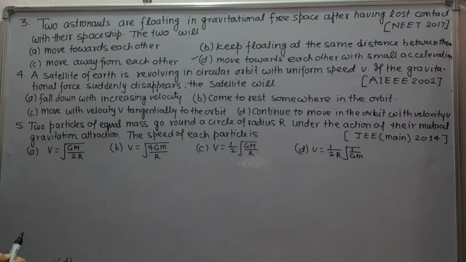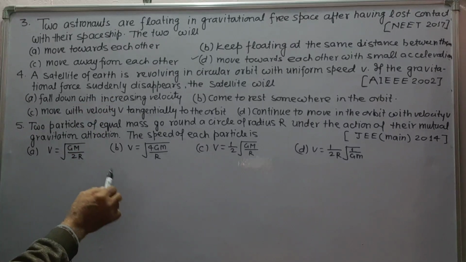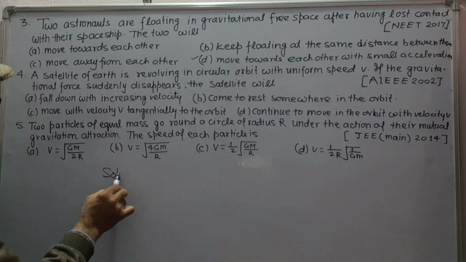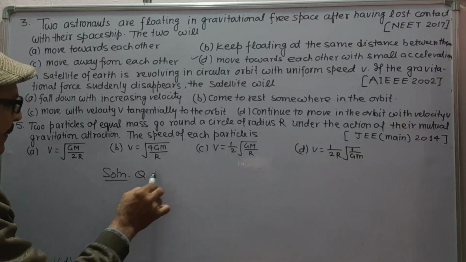Next question number 4. The question is, a satellite of Earth is revolving in circular orbit with uniform velocity v. If the gravitational force suddenly disappears, then the satellite will, these are the options. So, solution to question 4.